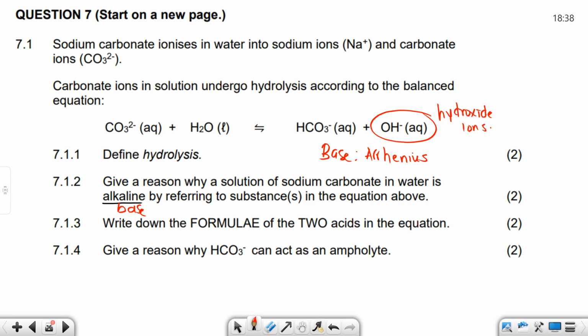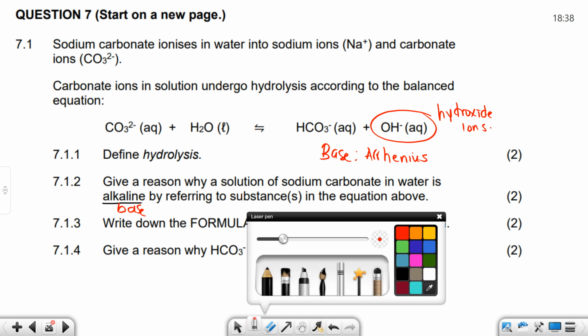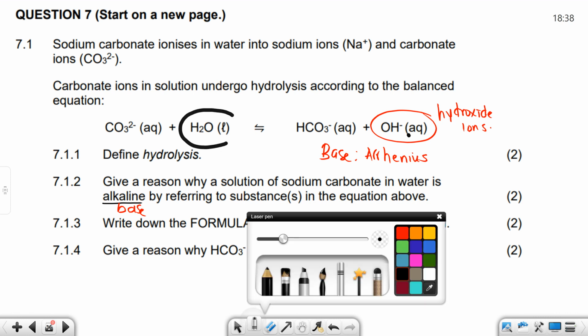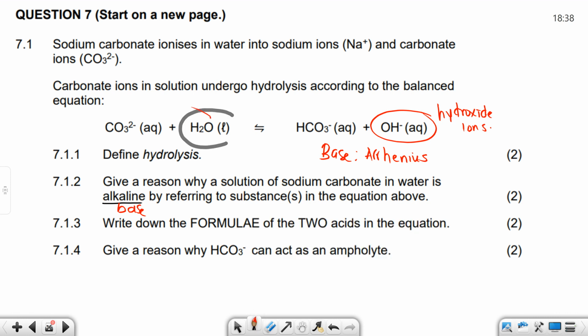All right, so all we need to do is check. If you look at H2O and OH minus, what do you notice? This one must have lost one proton to become that. And if it's donating, it's an acid. So we have a proton that is lost. So this is an acid, and this one receives, it's a base.